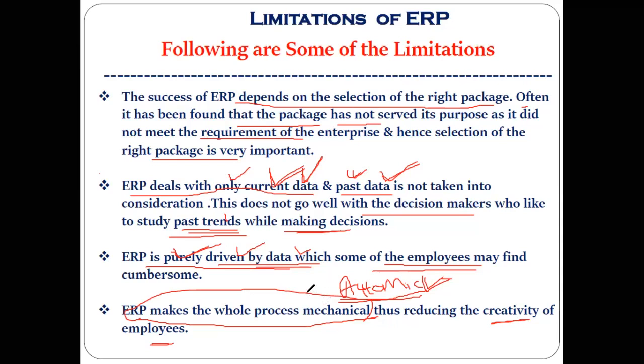If the decision will be suggested by the ERP, that automatic system, then our employee will not think. Then there is no need to think for our employee. Understood. And because of that, what happens? The creativity of the employee can get reduced. Thinking ability of the employee can get reduced because they are getting everything available ready-made.